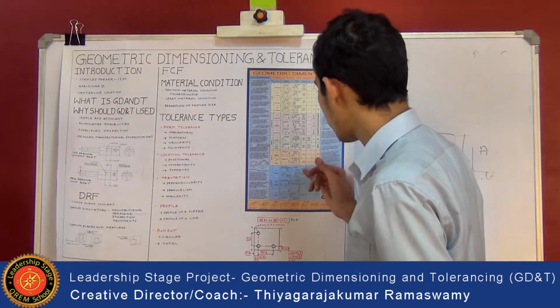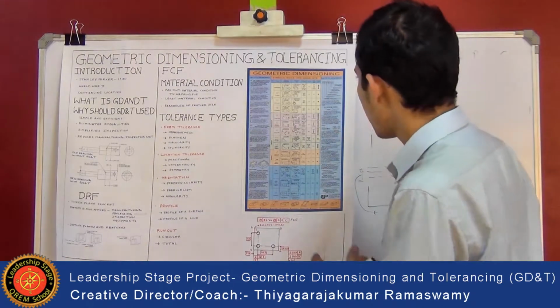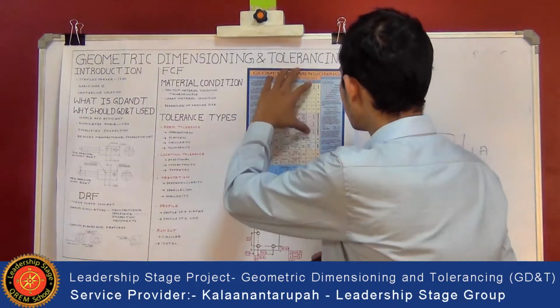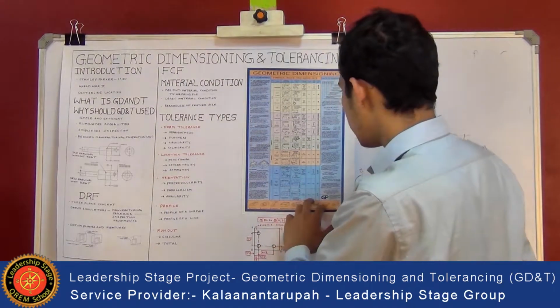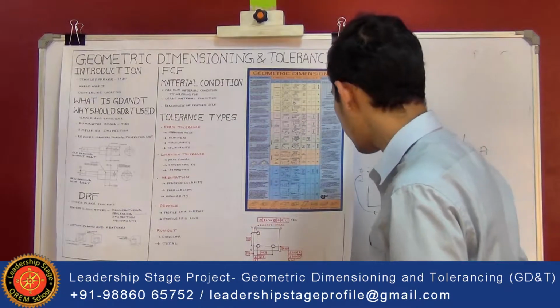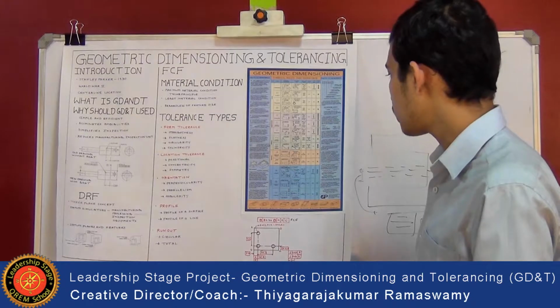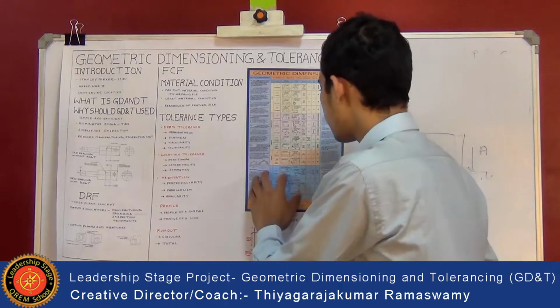But in position we can consider either maximum material condition or least material condition. Coming to the tolerance zone for symmetry, it is G and H, which is nothing but parallel lines and parallel planes.